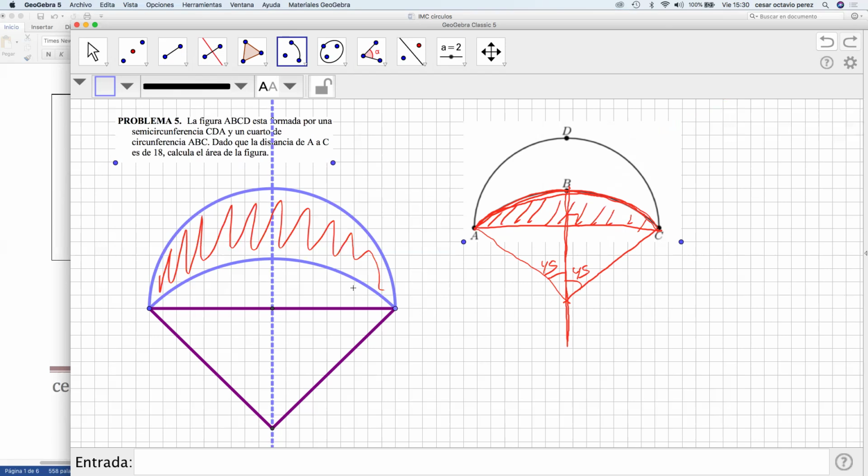Sí. Muy bien, vamos haciendo los cálculos. Okay. Let me see.